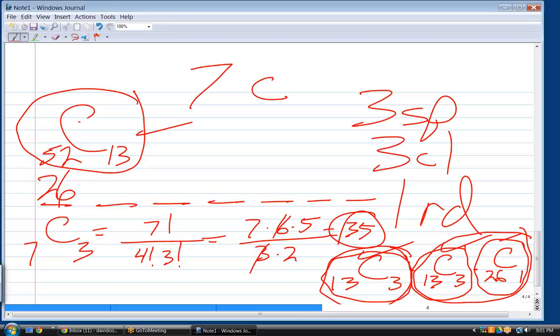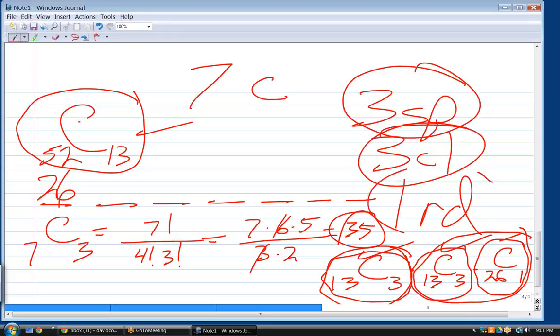I understand the answer. I may not be able to explain it exactly, but that's pretty close. Yeah, that makes more sense to me. Here's another case where having the answer really does explain to me what's going on. In other words, your first step is to choose 3 spades out of 13 cards, and 3 clubs out of 13 clubs, and 1 red card out of 26 cards.